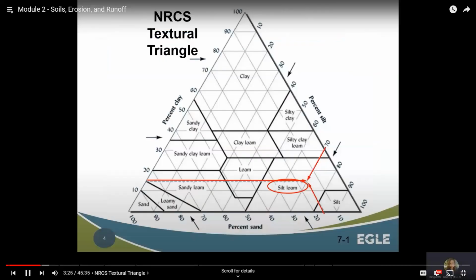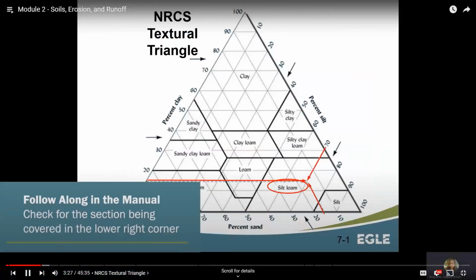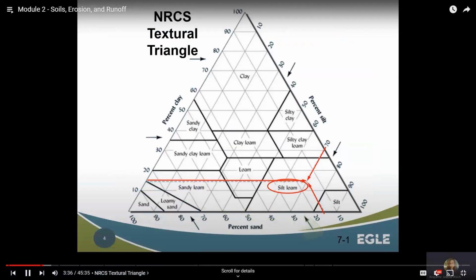As just stated, soils generally consist of varied percentages of clay, silt, and sand. To help determine the soil type at a site, we can use the Natural Resources Conservation Service, or NRCS, textural triangle. The NRCS textural triangle is a tool used to determine soil type based on physical texture. In this tool, soil textures are classified by the fractions of each soil type present in a soil sample.